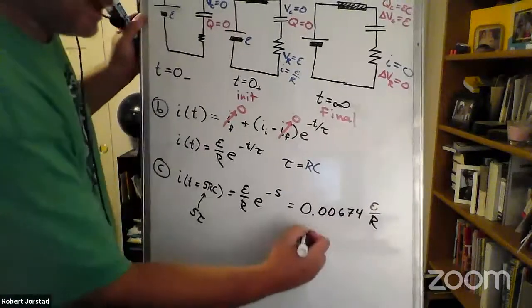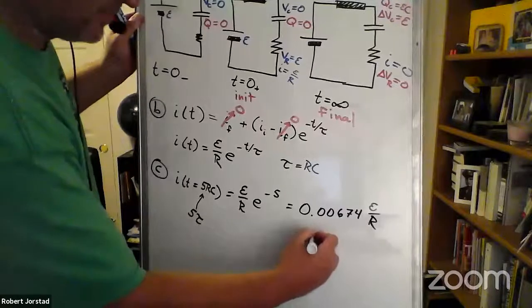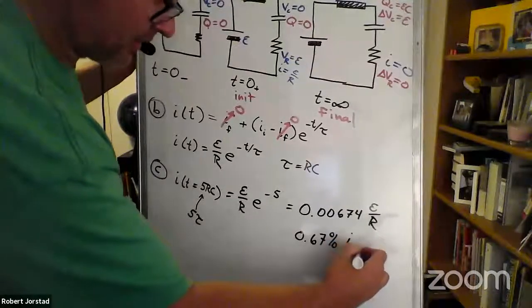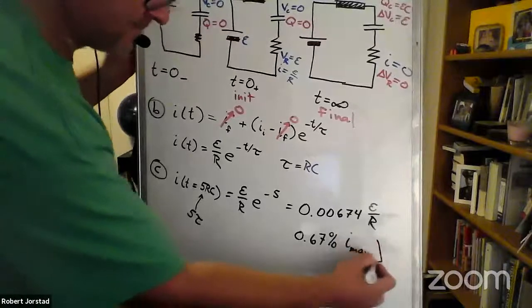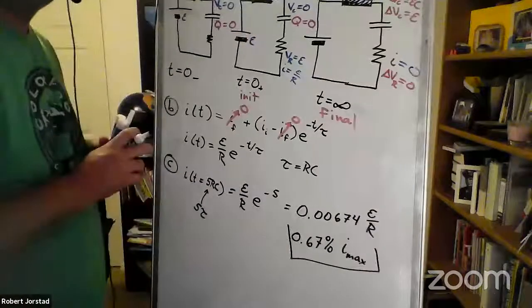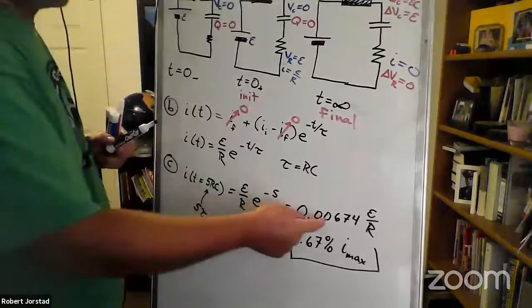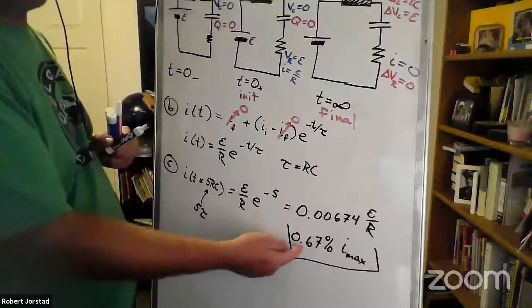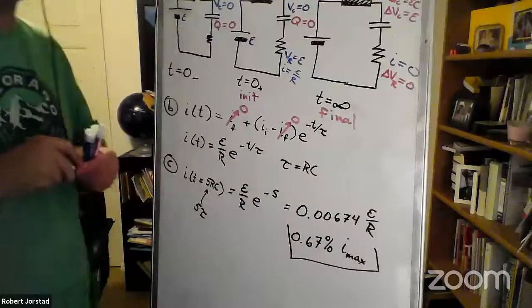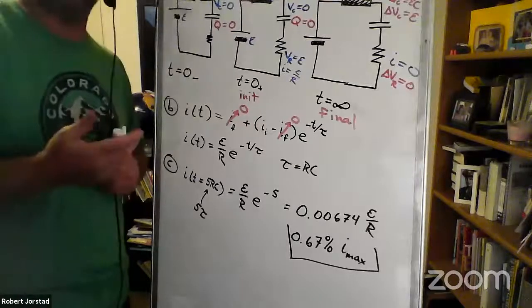Said another way, that's 0.67% of the maximum current. So notice that's a little bit different way to say it. Right? 0.00674, that's about 0.67% of I max, less than 1% of the maximum current, which was E over R.